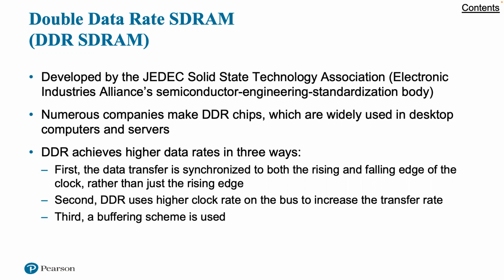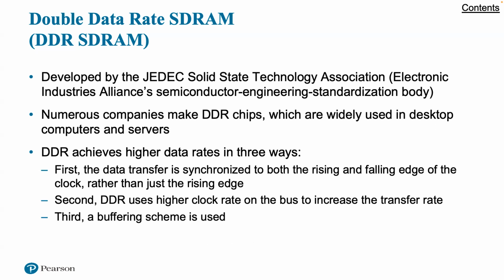DDR DRAM was developed by the JEDEC Solid State Technology Association, the Electronic Industries Alliance semiconductor engineering standardization body. Numerous companies make DDR chips, which are widely used in desktop computers and servers.